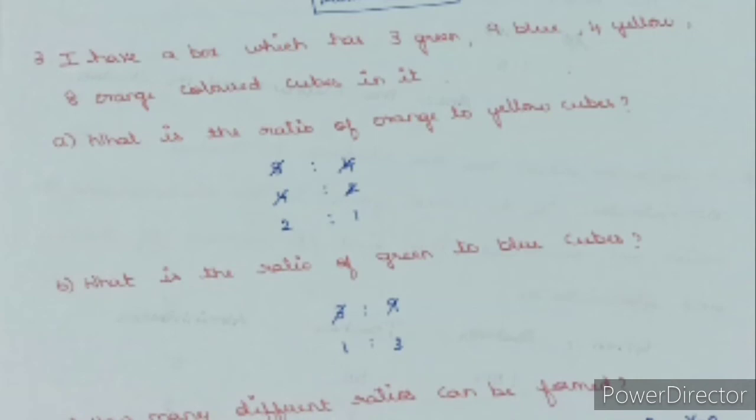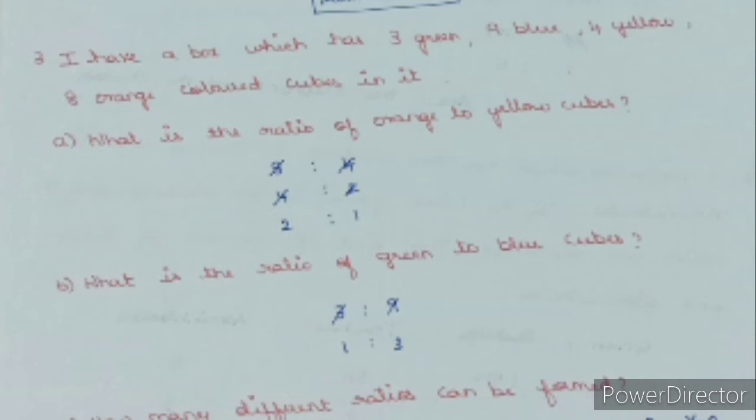I have a box which has 3 green, 9 blue, 4 yellow, 8 orange colored cubes in it. First, what is the ratio of orange to yellow cubes? First, we have to write what is given. So, we have 3 green, 9 blue, 4 yellow and 8 orange.